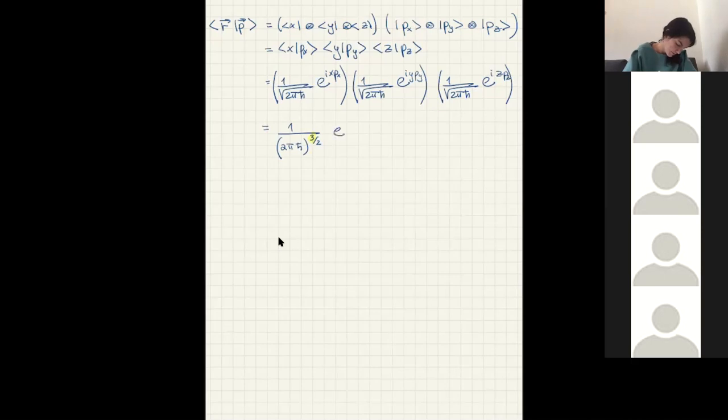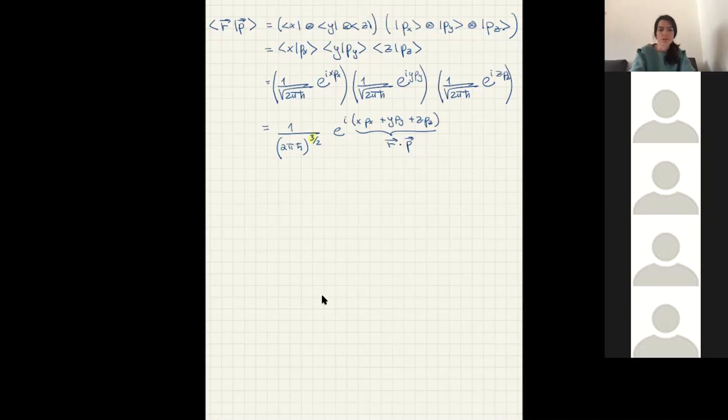And here you have i, and then what we have, x px plus y py plus z pz, which is just the inner product between these two vectors, R and P, right? But by definition.